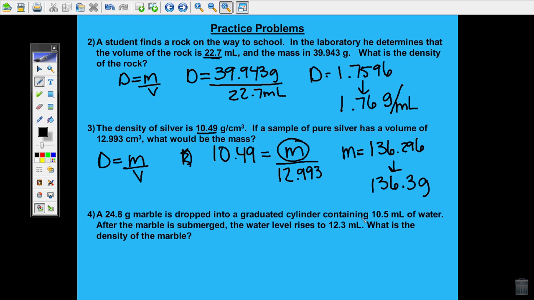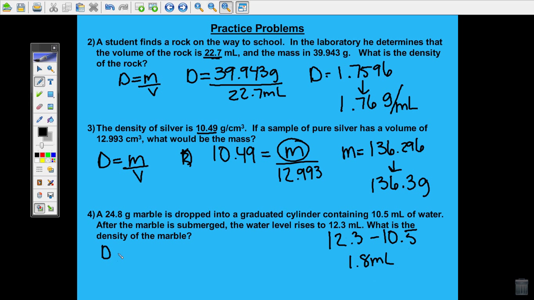And since I know that my water level rose, I can just subtract these two values and get the volume of my marble. So 12.3 minus 10.5 gives me 1.8 milliliters. So that's my volume. And I need one decimal place since I'm subtracting, which I have, so I'm okay there.